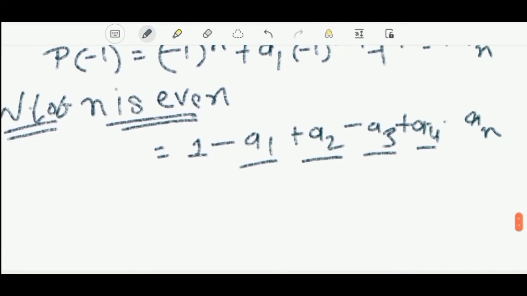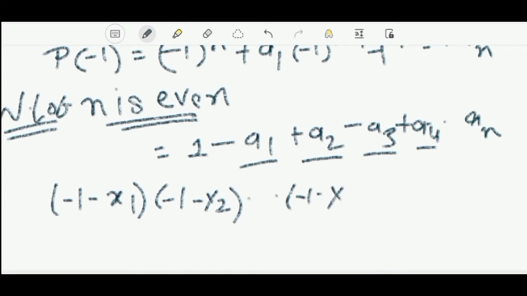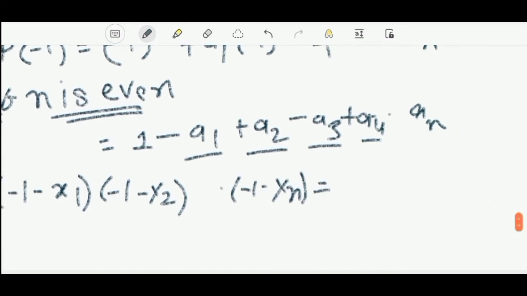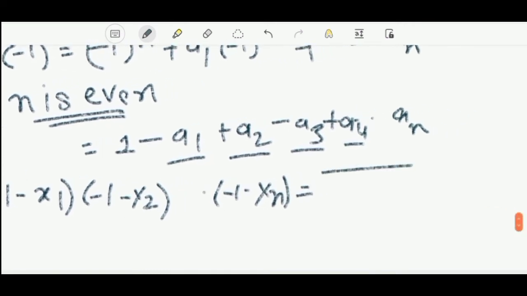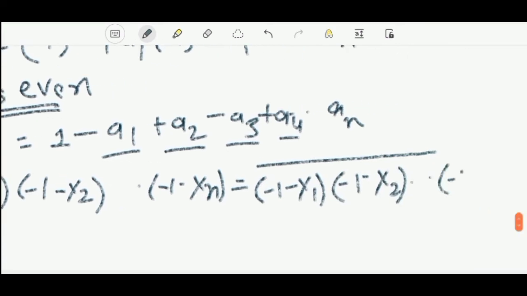So we can simply rewrite it as minus 1 minus x1, minus 1 minus x2 up to minus 1 minus xn is equal to, since it's real, we can take the bar of this: minus 1 minus x1, minus 1 minus x2 up to minus 1 minus xn.